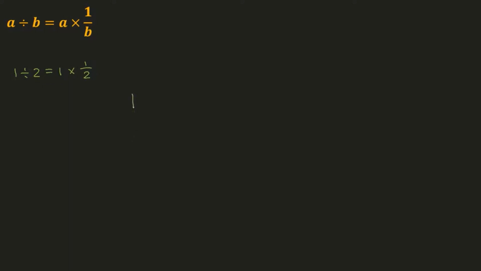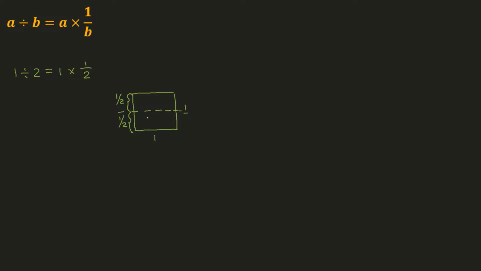Let's use a square with an area of 1 to represent the 1 in this expression. So a square with area of 1, each side has a length of 1. Now we're going to divide it in half. That means this segment gets a half, and this segment also gets a half.